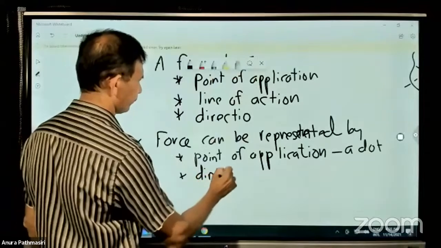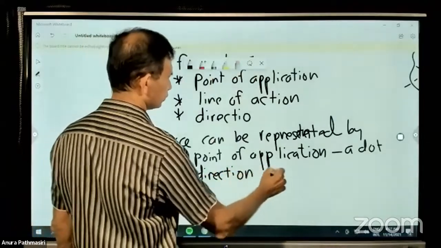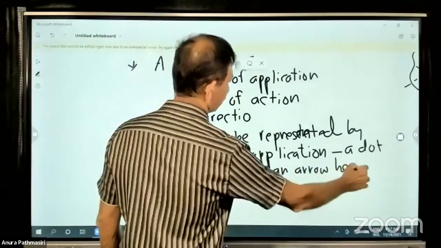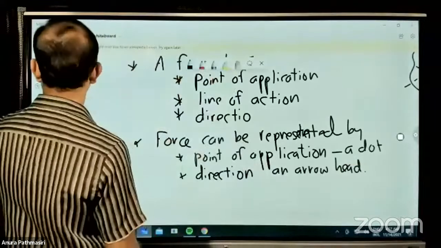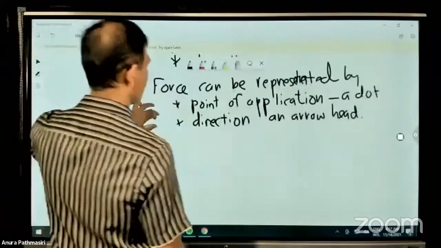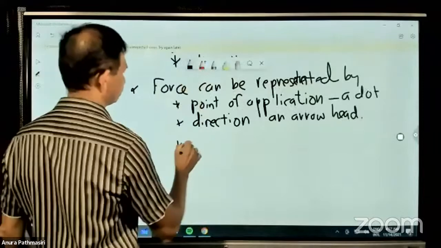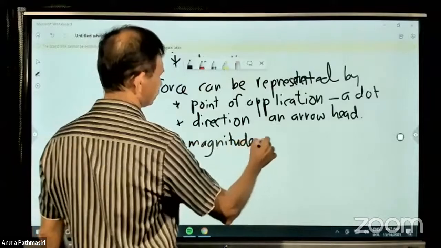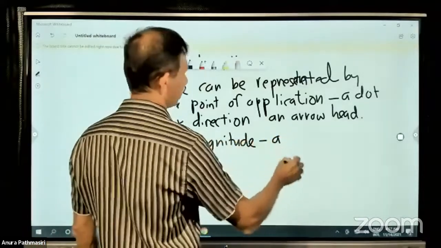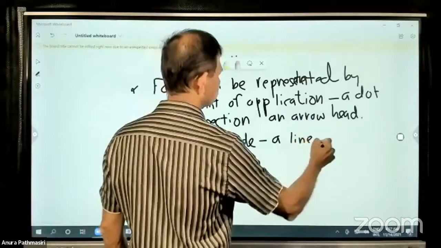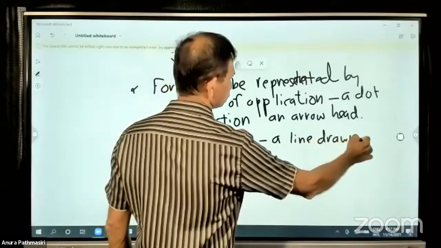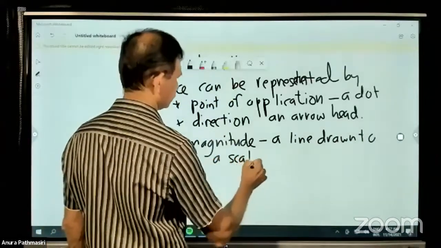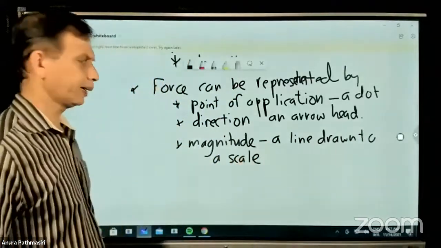Direction, an arrowhead. Magnitude, a line drawn to a scale.